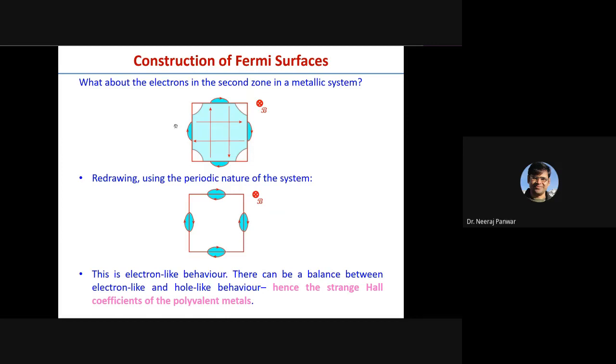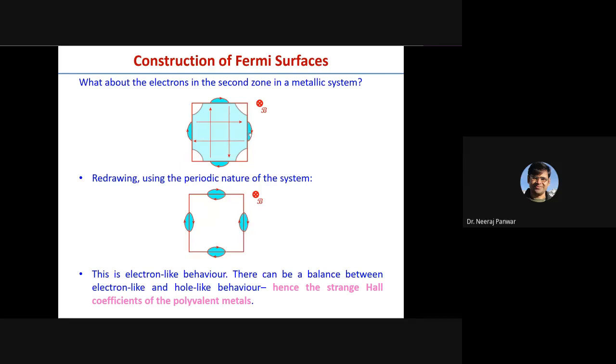Two more slides. What about the electrons in the second zone in a metallic system? You can see the electrons are moving like this in the second zone. And if we represent it in the periodic zone scheme, they are moving on a surface of constant energy.